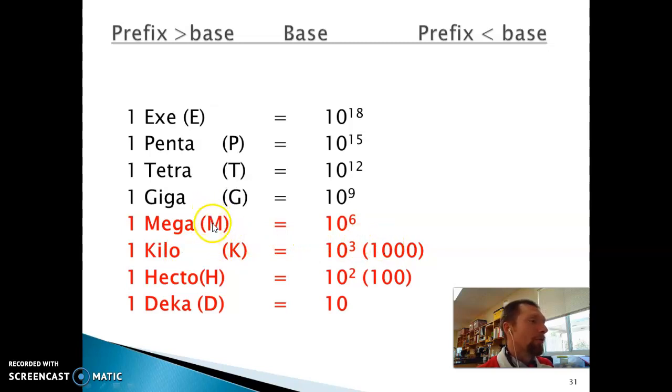And that would work for mega or giga or whatever. And you probably see mega and giga quite frequently when you're talking about megabytes or gigabytes. And it's pretty important to know the difference between those two, because a gigabyte is 1,000 times bigger than a megabyte. It used to be that internet speed was measured in kilobytes per second. And now it's in megabytes per second.